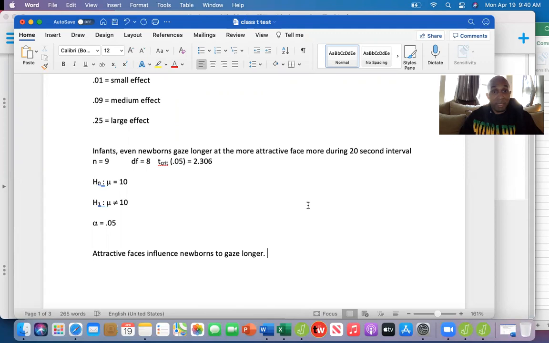You could say that this sample comes from a different population than the standard population that we're comparing it to, which would be a population where the newborns are not affected by the faces, or where there's just no treatment at play.